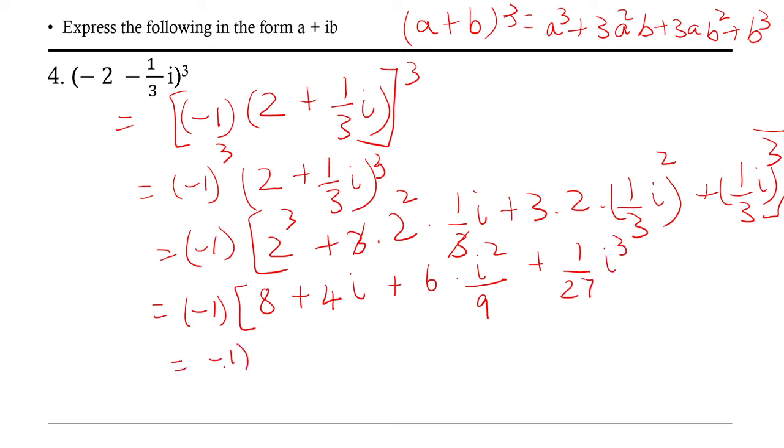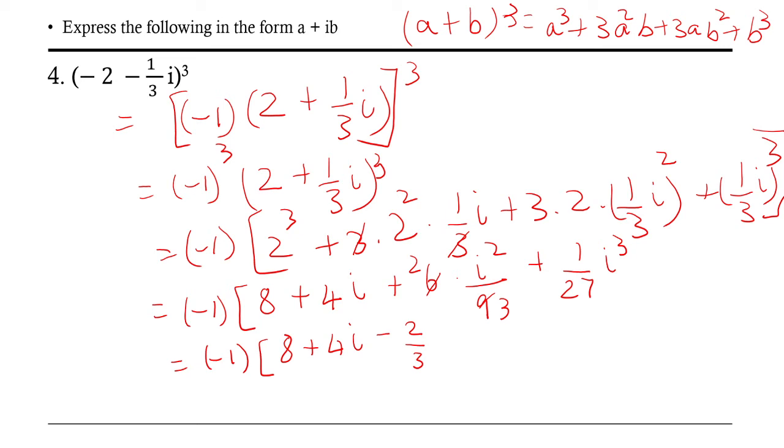So this becomes -1. Here I can divide it by 3, so here I get 2, here it is 3. So it is 8 + 4i. Here i² is -1, so this 2i² by 3 becomes -2 by 3.